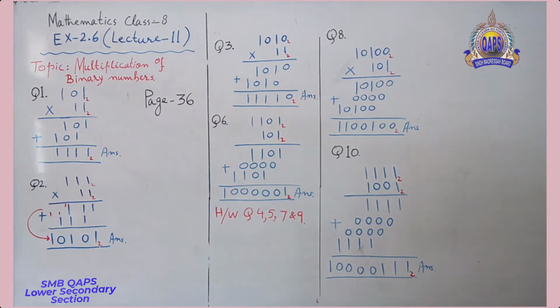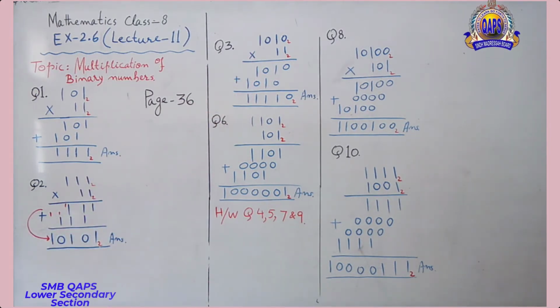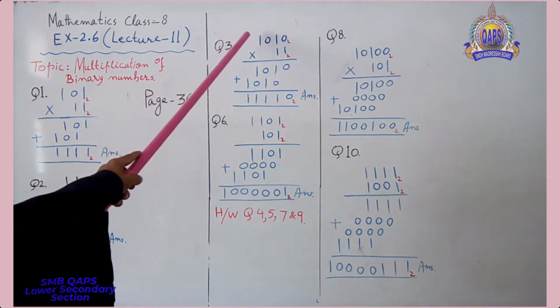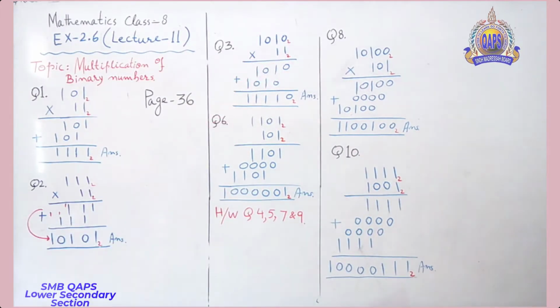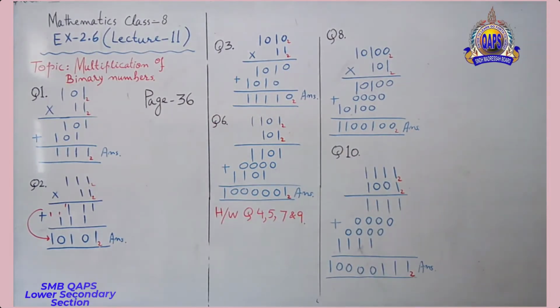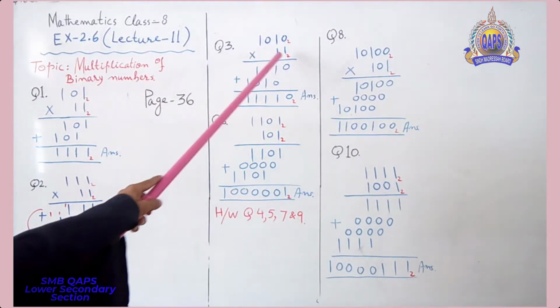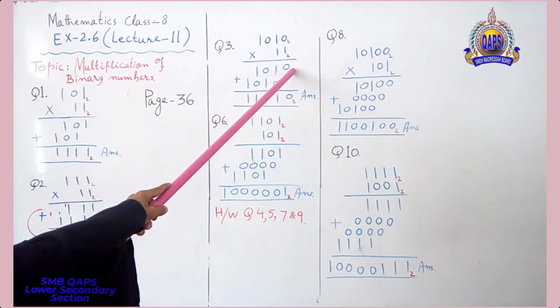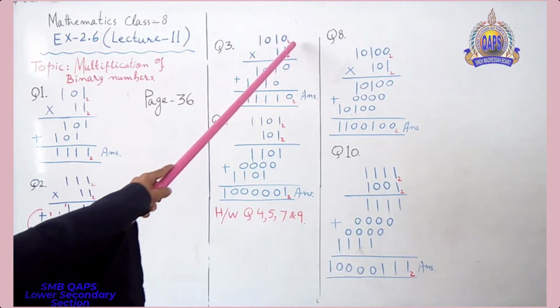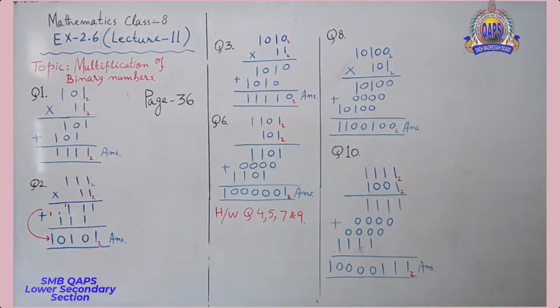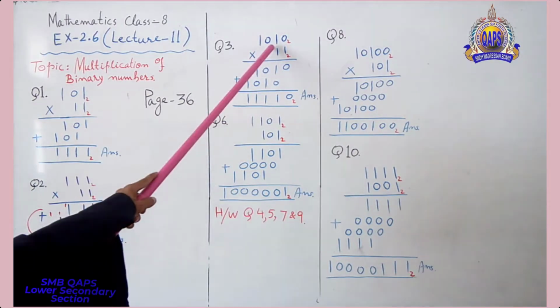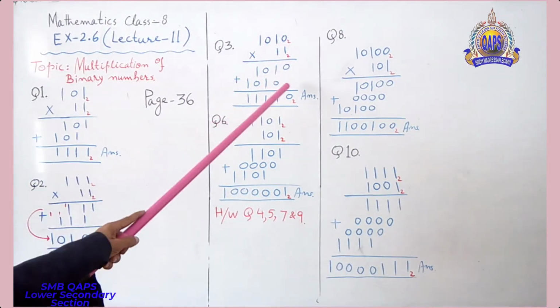I have completed 2 questions. Now question number 3. Have a look. I think you can do it. 1010 multiply by 1. First of all, multiply by 1. It will be 1 zeros are 0, 1 ones are 1, 1 zeros are 0, 1 ones are 1. Now another one on the left hand side. 1 zeros are 0.